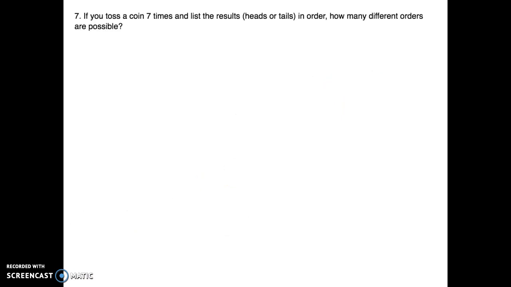Okay, number 7. If you toss a coin 7 times and list the results, heads or tails, in order, how many different orders are possible? So we're going to do the line thing again. We have 7 things here. So for the first one, heads or tails, we have 2 different possibilities each time.